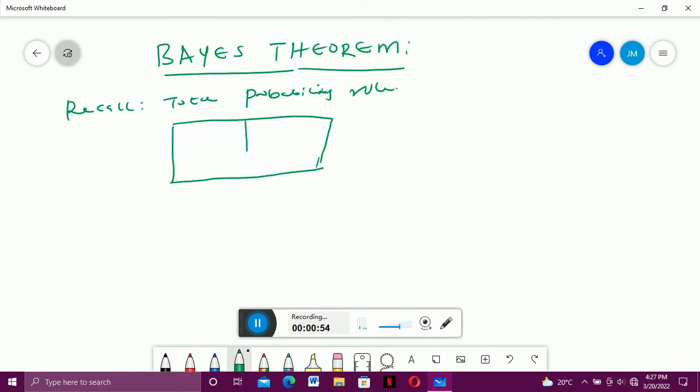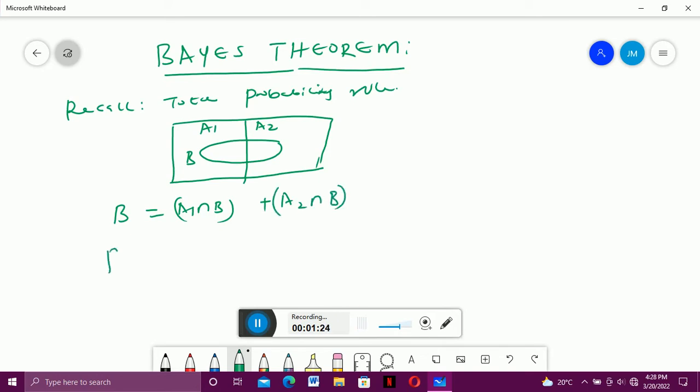We consider two events, A1 and A2, which are mutually exclusive and also exhaustive, and another event B. So the set B is given by A1 intersection B plus A2 intersection B.